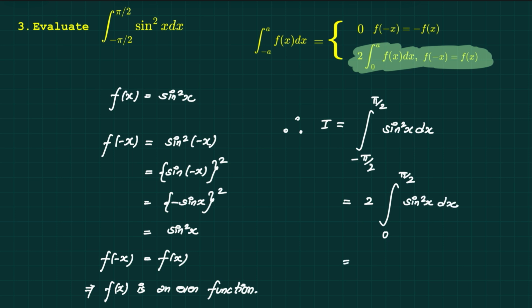Let us try to evaluate this function. Here sin square x can be written, from multiple angles, as 1 minus cos 2x by 2 dx.